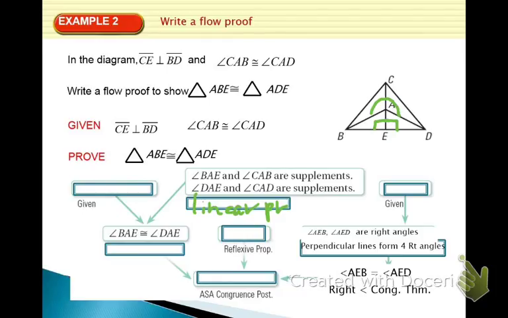Now we're going to use that in another statement to say that angle BAE and angle DAE are congruent. Which one of those two givens do you think is going to go in that box? This box right here that has an arrow drawn to what I just talked about.